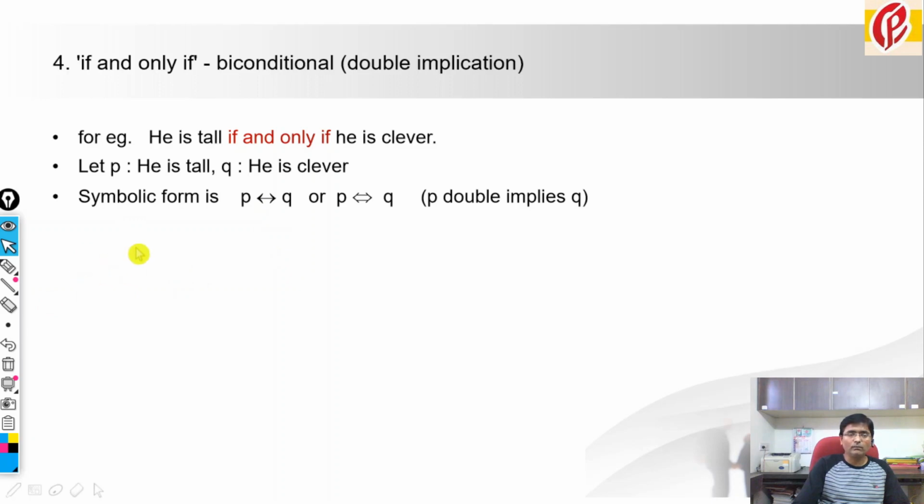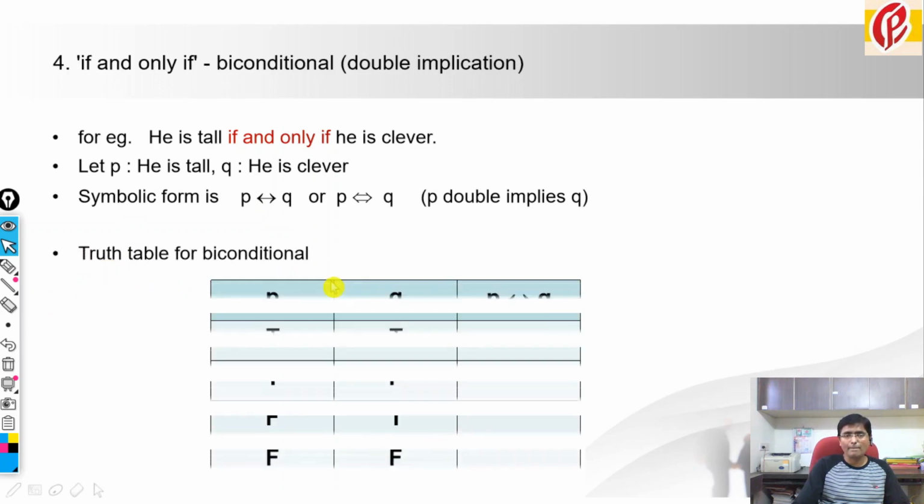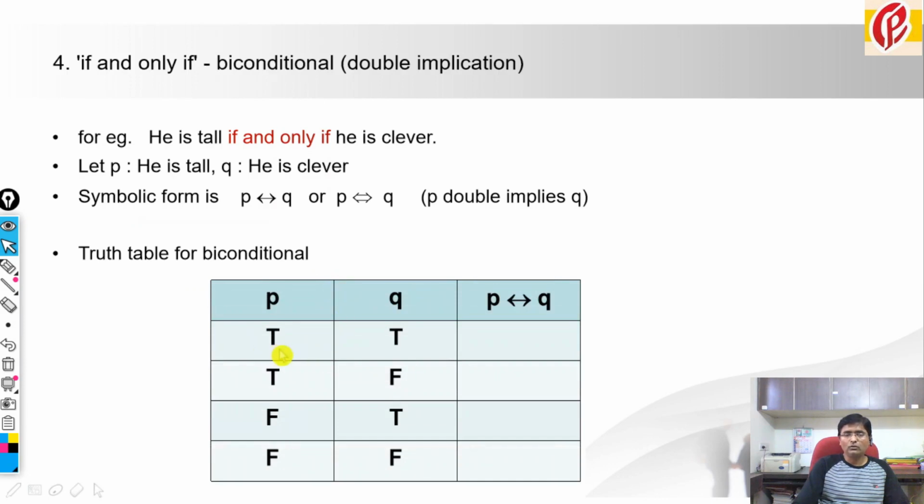Now we will see the truth table for the biconditional. In the first row both are true. In the second row first is true, second is false. First is false, second is true, and both are false. In double implication, remember, if both are true, then the whole statement is true. And if both are false, then the whole statement is true.